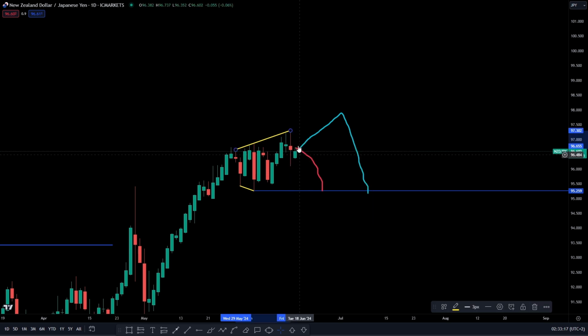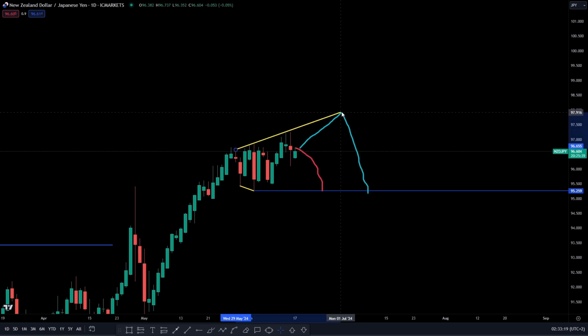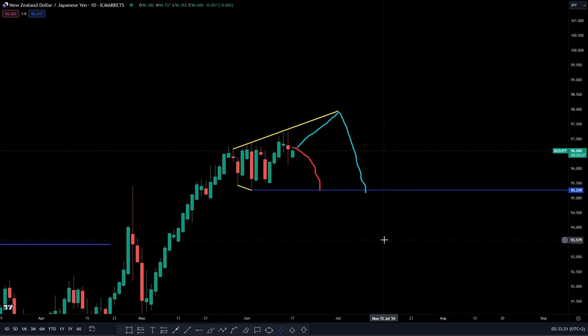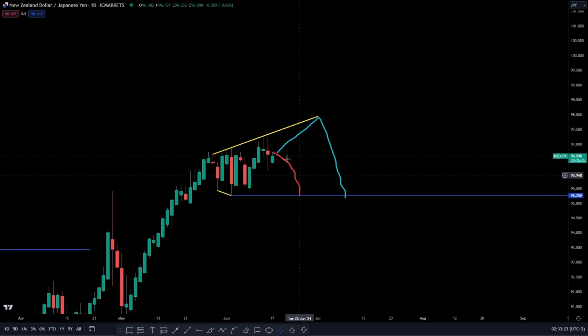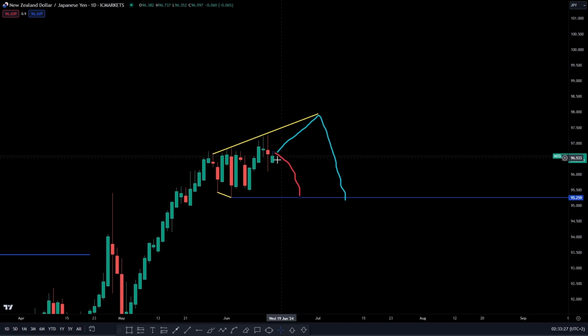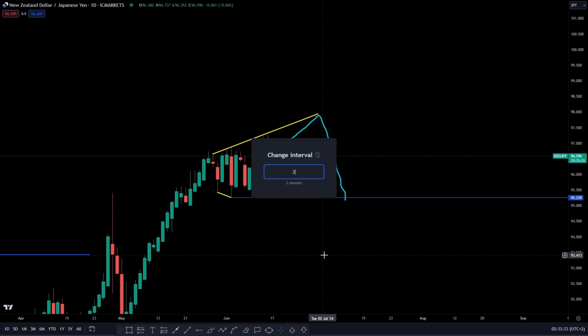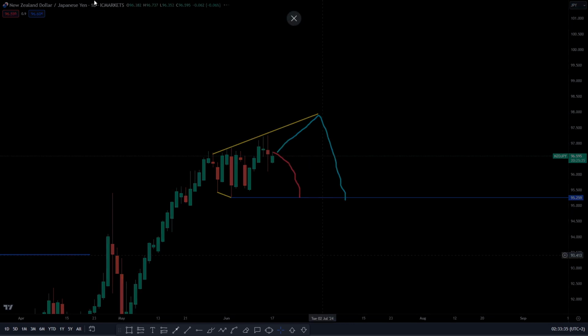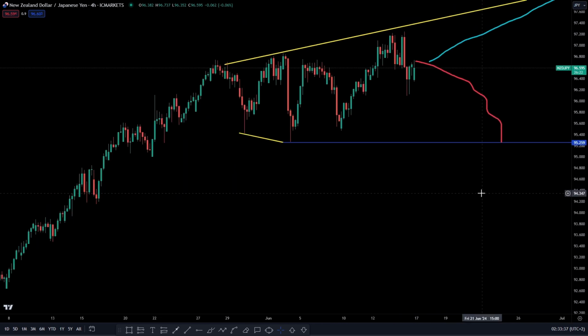So to be honest, guys, I'm interested in only the upper move. The red move, I'm not really a fan, you know. I'll show you how I'd rather trade the red move, but for me, this cyan move is the one that I'm looking forward to. Let's move over to the 4 hour.